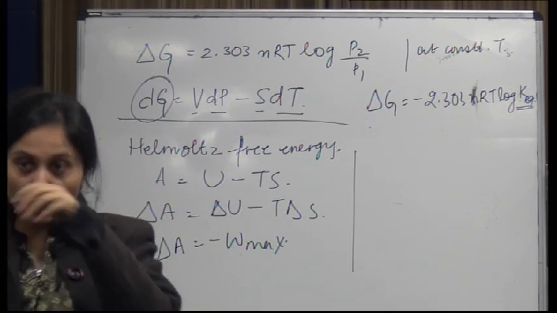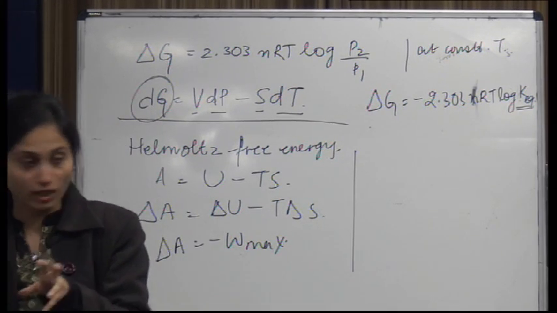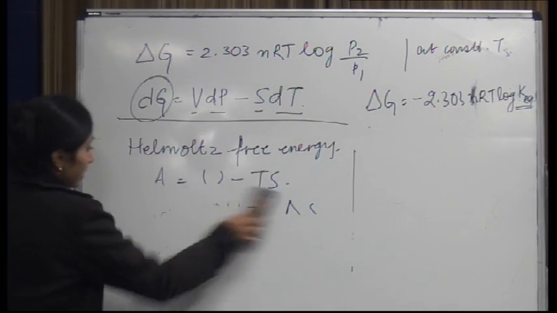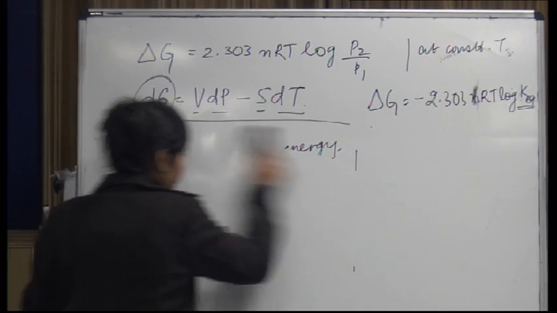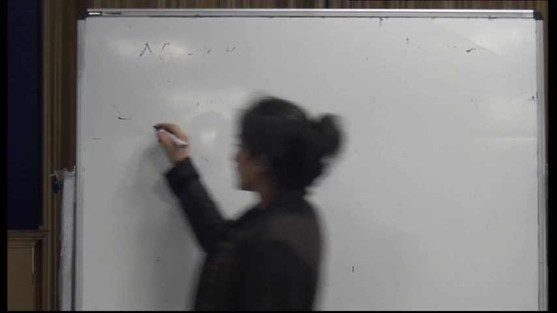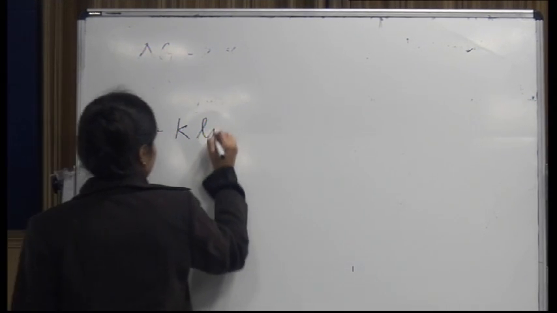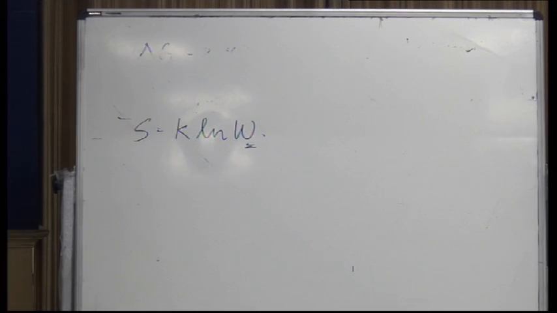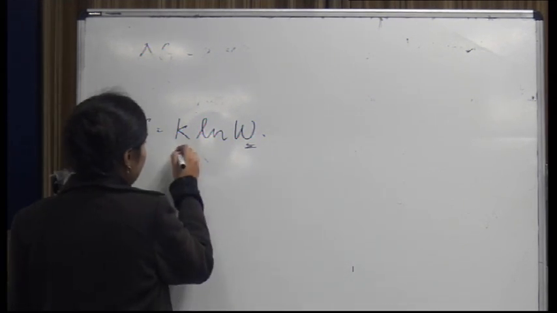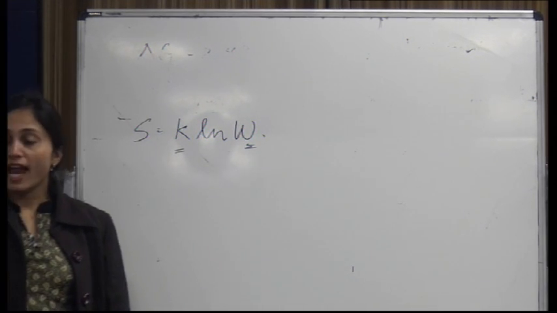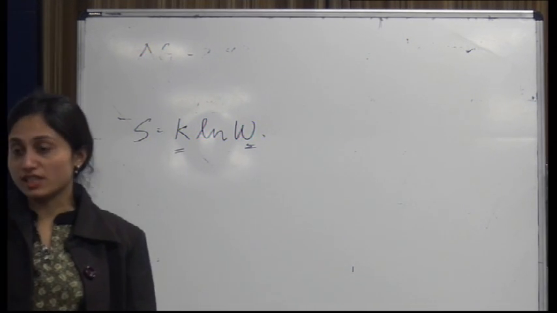The entropy of a perfectly crystalline solid is 0 at 0 Kelvin, and that is actually given by a particular formula, S is equal to K ln W, where K is your Boltzmann constant, and W is the number of microstates.